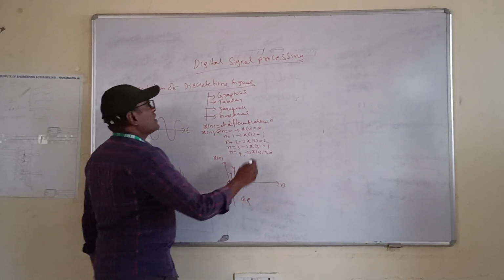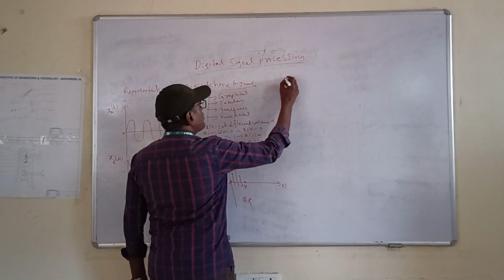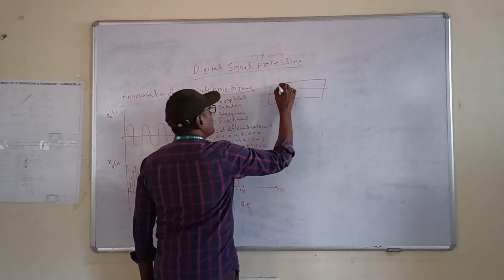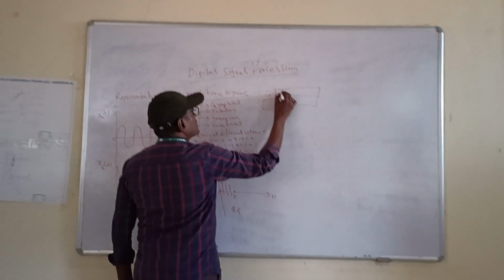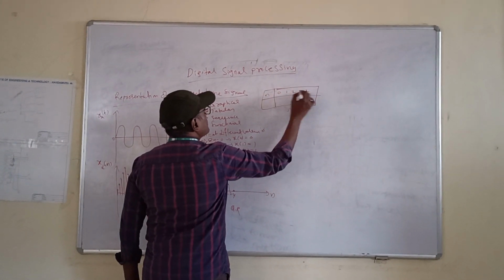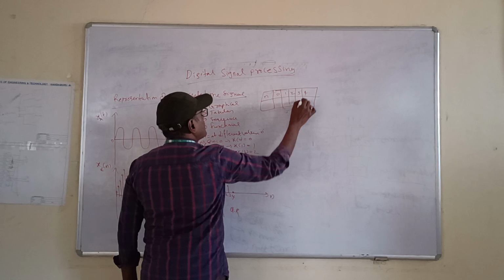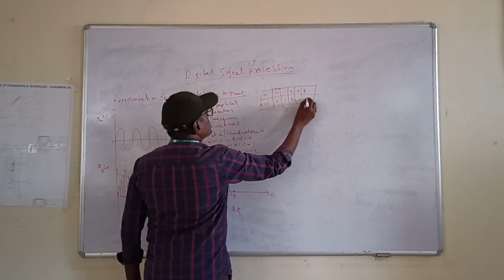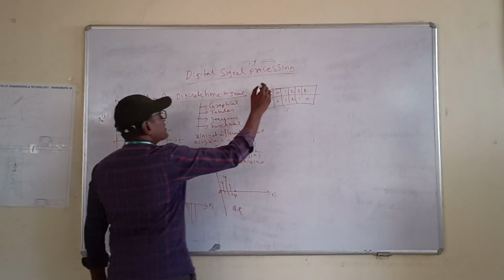In a similar way, the next notation is tabular representation. For different values of n, 0, 1, 2, 3, 4, x of n becomes 0, 1, 2, 1, 0. It is a tabular representation.